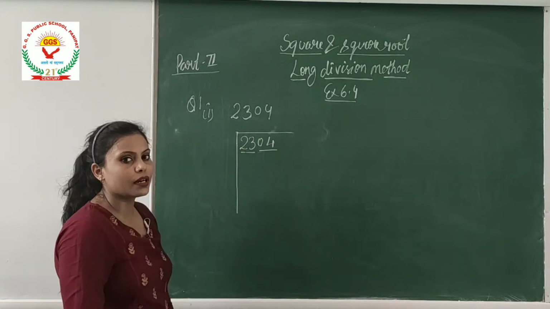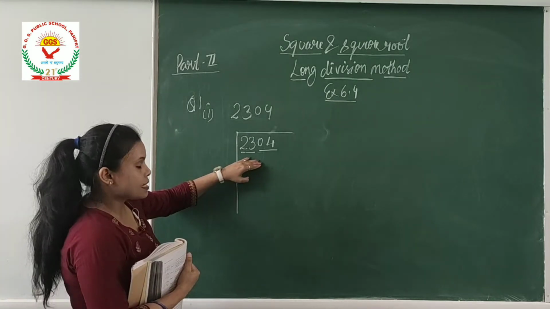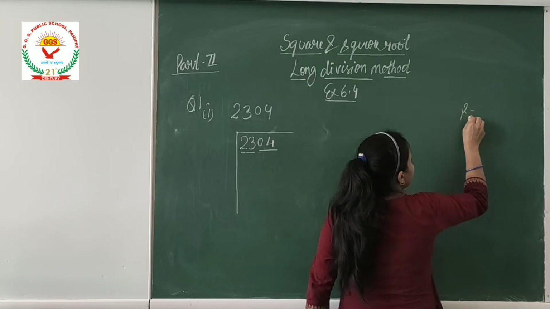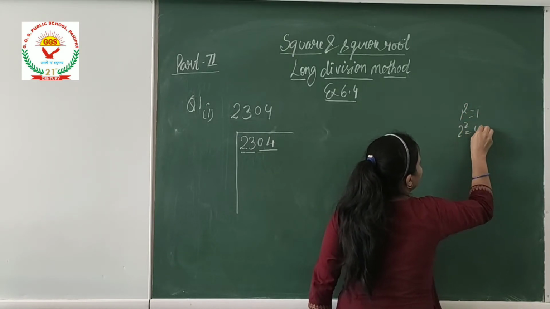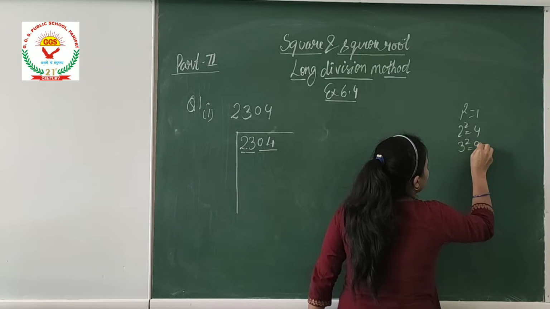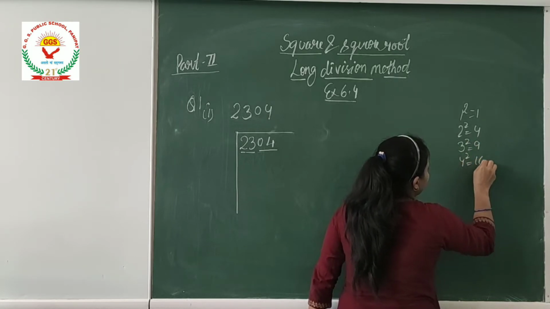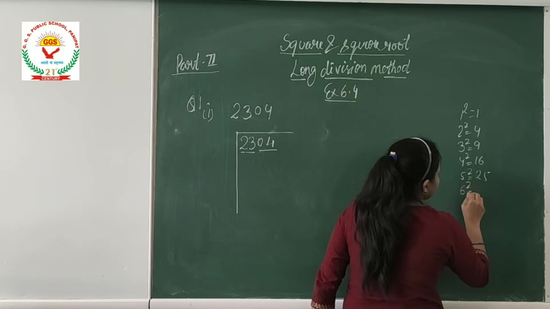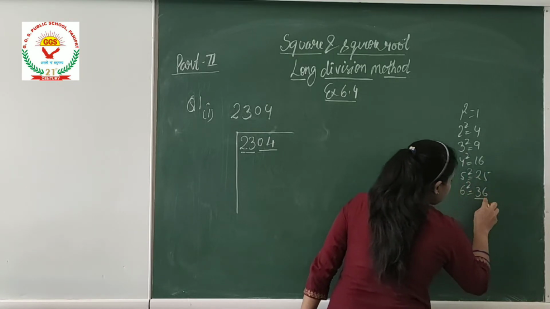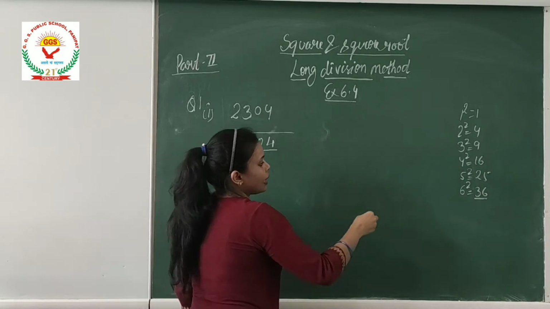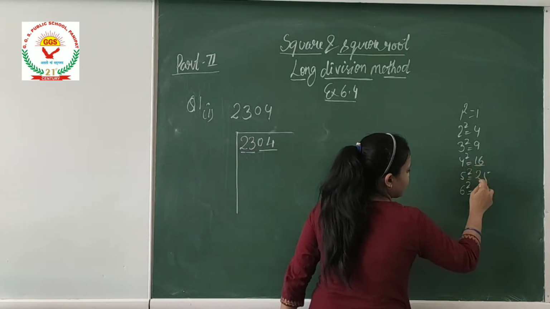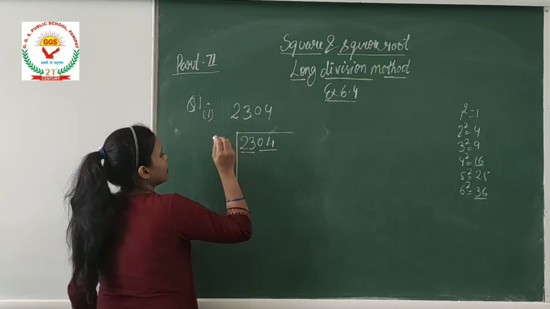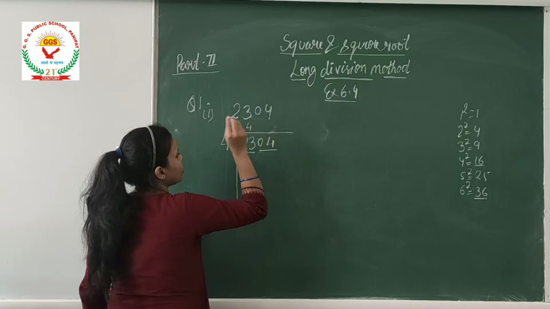Now we will find a number whose square is less than or equal to 23. 1 square is 1, 2 square is 4, 3 square is 9, 4 square is 16, 5 square is 25 and 6 square is 36. So 36 is greater than 23. We will take 16 because 25 is also greater than 23. So we will write 4 here and 4 here.